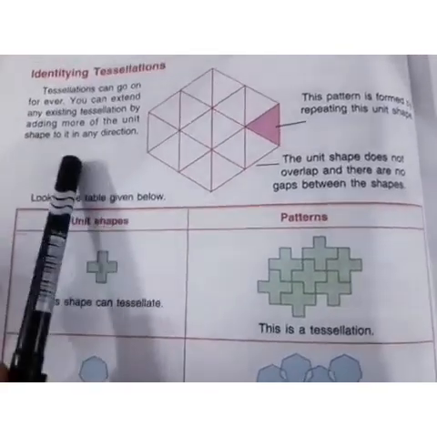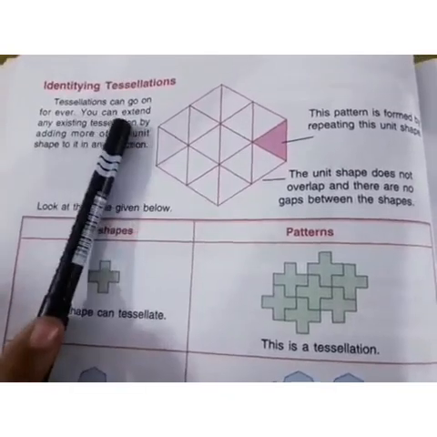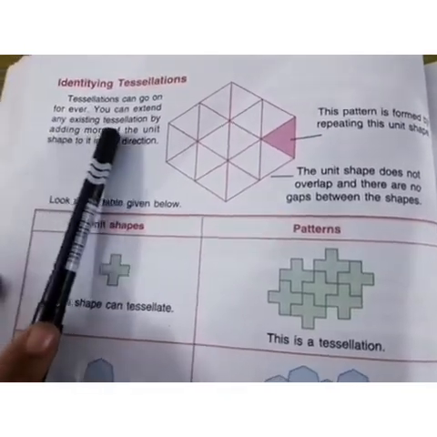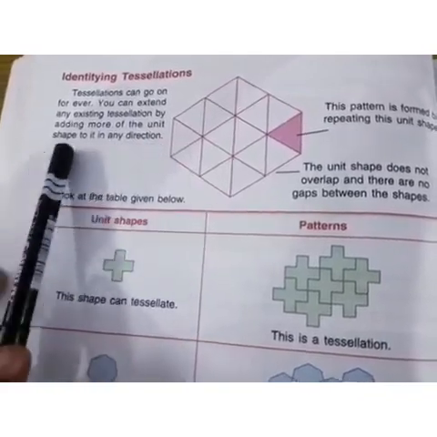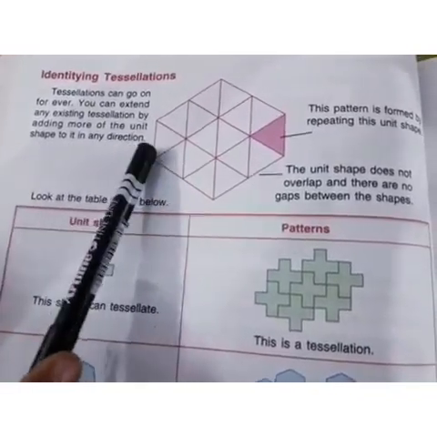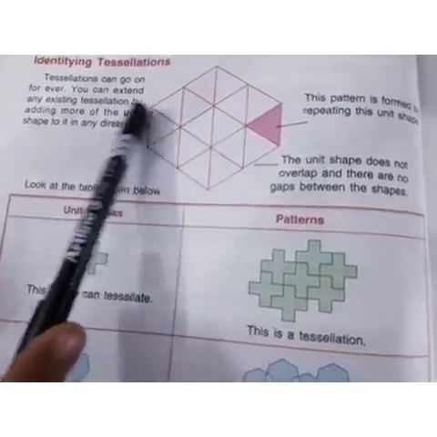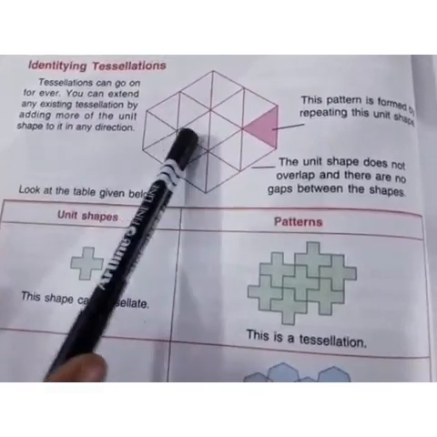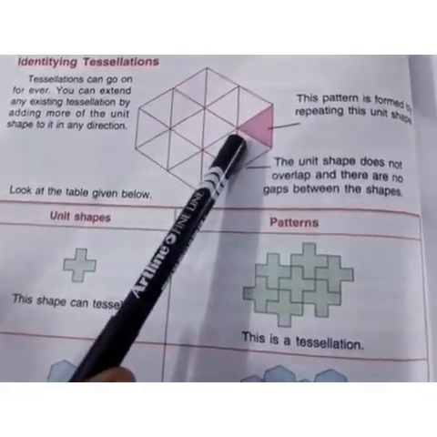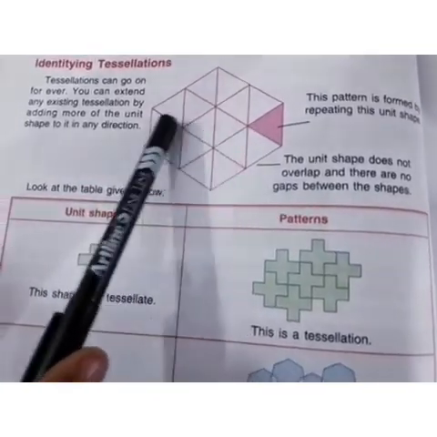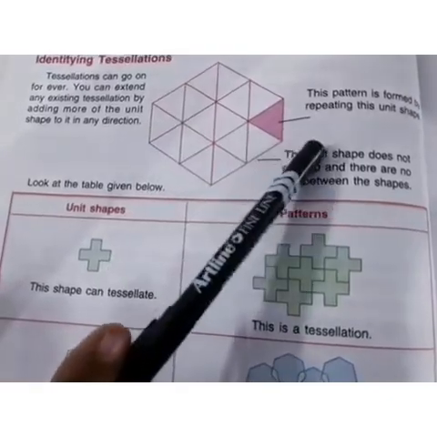Identifying tessellations. Tessellations can go on forever. You can extend any existing tessellation by adding more of the unit shape to it in any direction. That means these tessellation shapes can be extended in any direction, and it is infinite, like lines we draw in any direction.